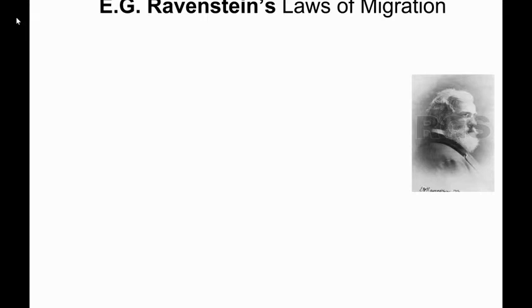All right. So one of your key terms is E.G. Ravenstein, and really, I just want you to think of Ravenstein as the laws of migration. So that's our key term card, just put Ravenstein's laws of migration. He said that, not 100%, but there are patterns of migration, and there are typical people who, what we would say, select themselves.